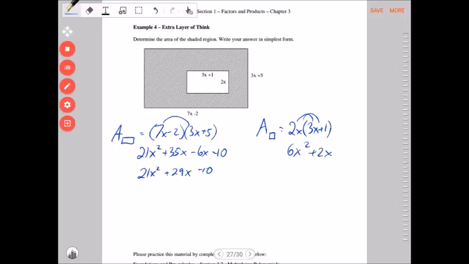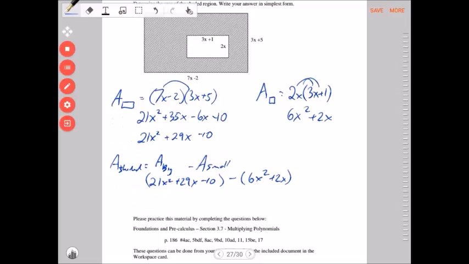So we're going to go, the area shaded equals the area of the big rectangle minus the area of the small rectangle. So 21x squared plus 29x minus 10 minus 6x squared plus 2x. Okay, now instead of distributing that negative like I did last time, let's just subtract them one at a time and see what happens.